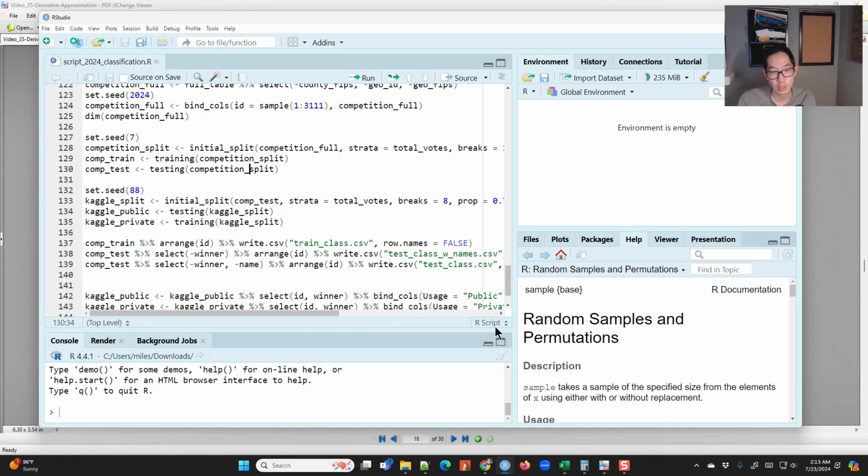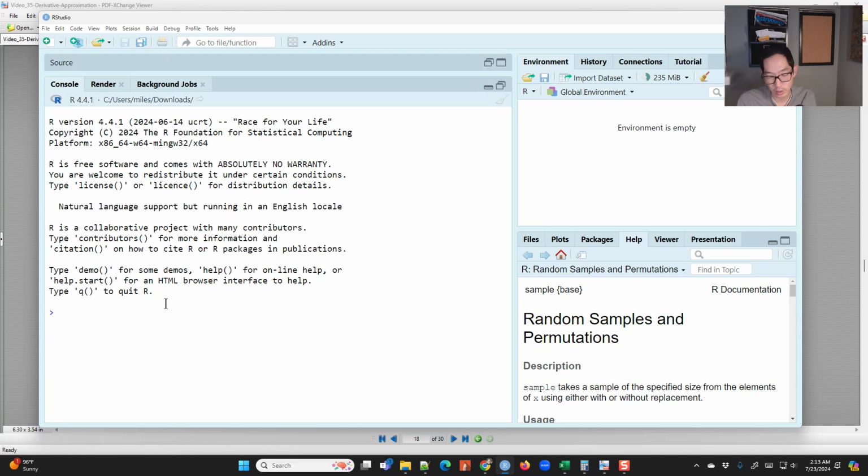I could be mistaken, but if I say x is equal to 5, and then I say y is going to be x plus 1e minus 16. Okay. I'm going to ask, is x equal to y? And it is. Okay. So the computer is not able to tell the difference between 5 and 5 plus 10 to the negative 16.